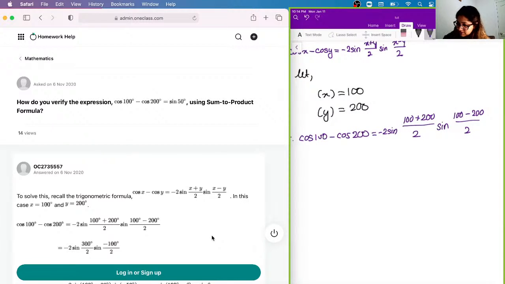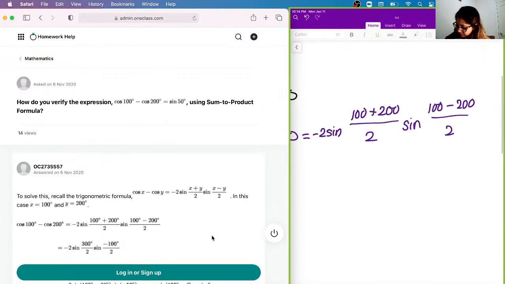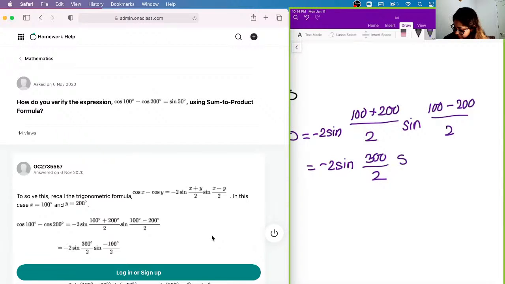And so what we do is further simplify this. If you do the math here, it simplifies the fractions. So you have negative 2 sine of 300 over 2 times sine of negative 100 over 2.